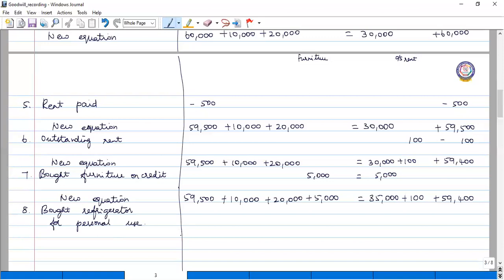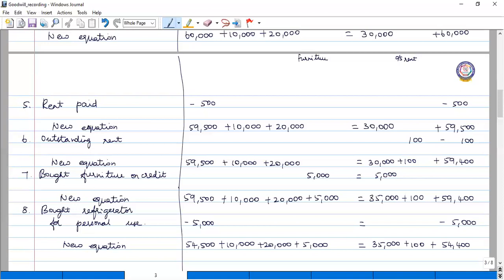So cash has decreased by 5,000, and this is because it is a drawing. So from capital also it has to be deducted. Okay. So now new equation equal to 54,500 plus cash at bank, stock and furniture has the same value, and this side liability has the same value, and capital reduces by 5,000.